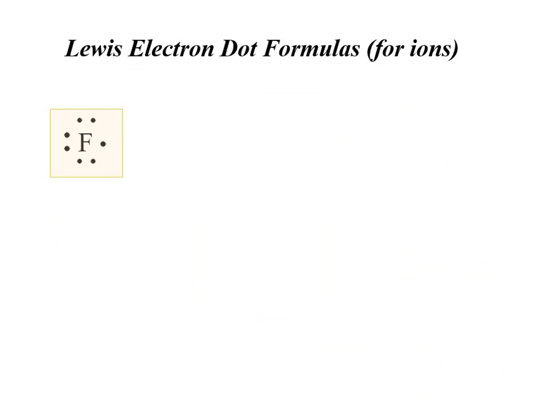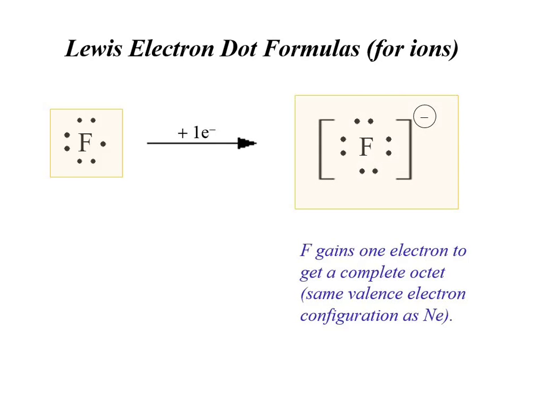Okay, so that's a metal. Let's look at a non-metal. Non-metals have high electronegativities. They tend to bring in electrons. Do you see how close fluorine is to having a complete octet? It only needs 1. So let's show it picking up 1 electron. When fluorine picks up 1 electron, now it has a complete octet. And not only that, it's negatively charged, -1, it's an anion.